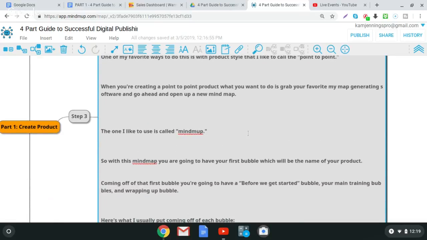The one I like to use is called MindMup. That's at mindmup.com.